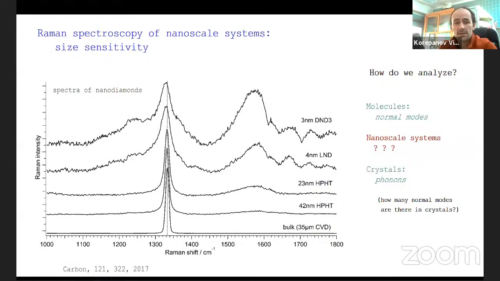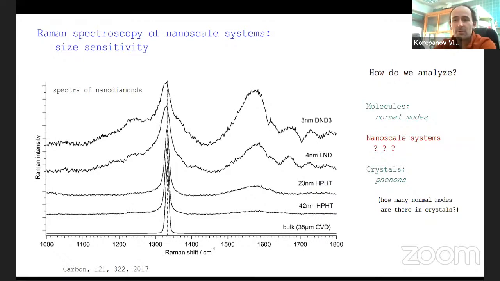In nanoscale materials, the situation is something intermediate between delocalized phonons and the very tightly localized normal modes. So how can we describe this? This is a very interesting question. How can we analyze them quantitatively?